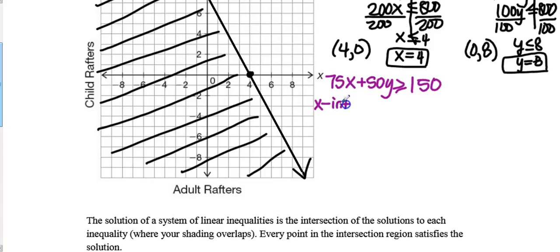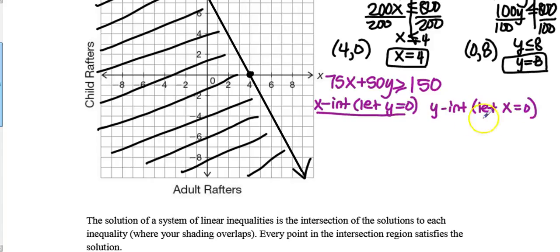x-int, let y equal 0. And then y-int, let x equal 0. Please press pause. I'm actually going to pause the video as well. When you press play, all of the work will be here so we can check our answers.